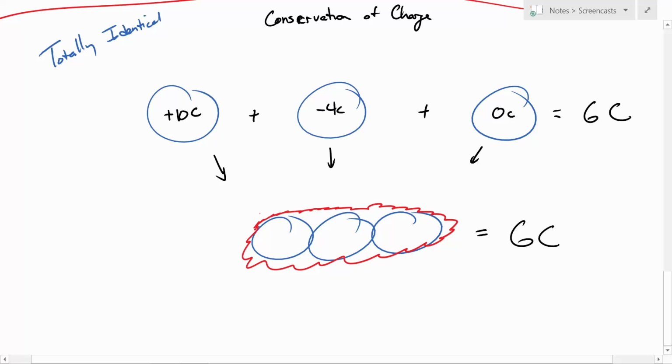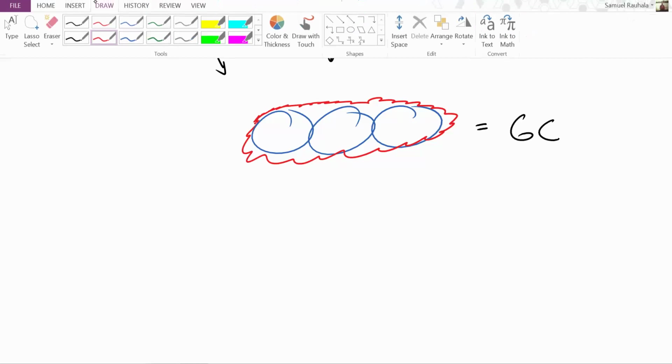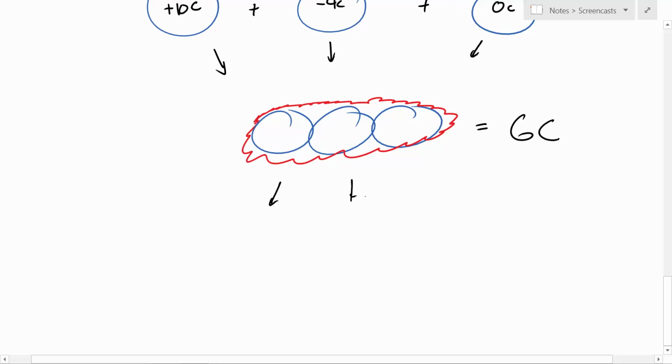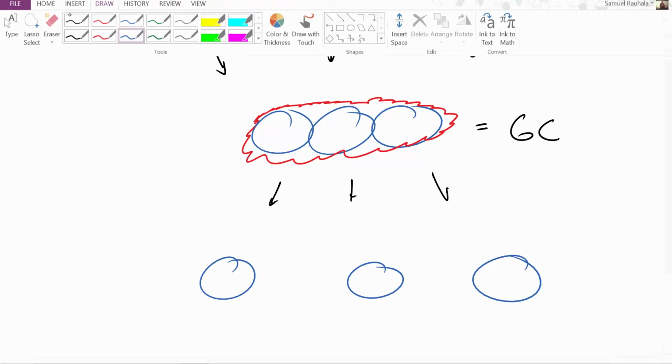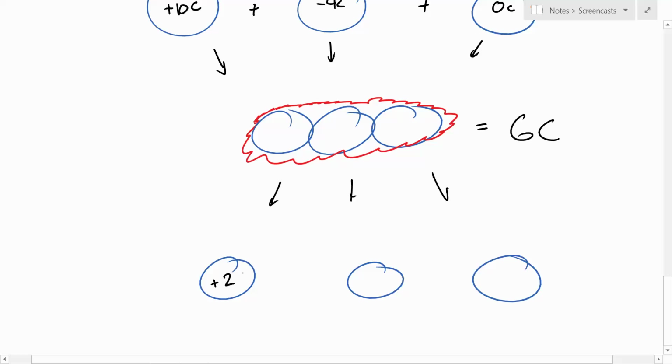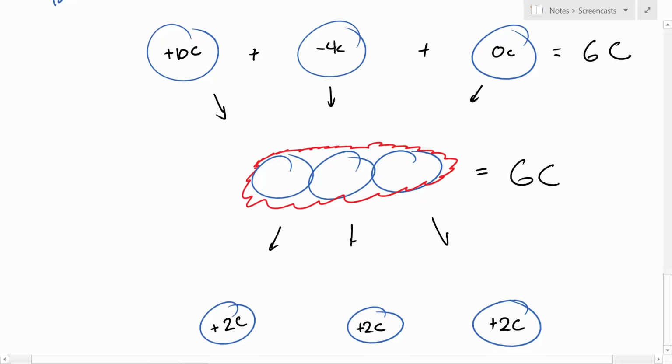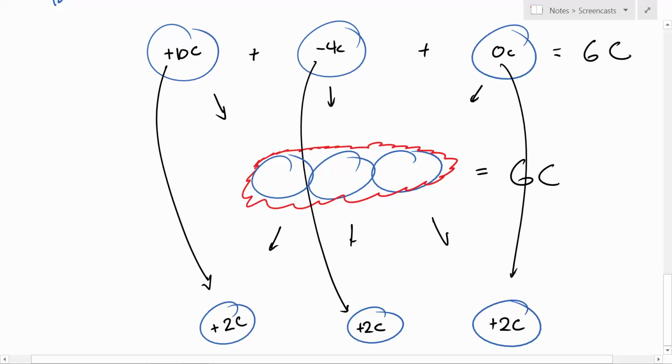So when I separate them, as one wants to do in these problems, I'm now going to find that this 6 coulombs has been spread out evenly over all three. And so that means that there's going to be 2 coulombs on this, 2 coulombs on this, 2 coulombs on this. And so, this one has gained 2 coulombs, this one has gained 6, this one has lost 8.